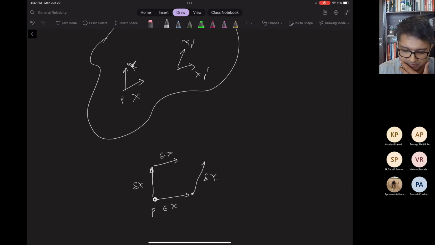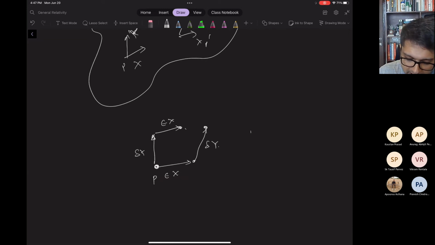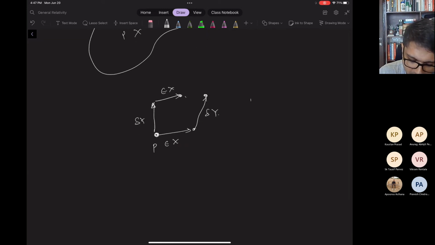We've seen before that these two flows can be incompatible with each other, that is, you may not end up at the same point after doing these operations in different orders. The incompatibility of these flows is measured by something called the Lie bracket. If I look at the point x prime and the point x double prime, the difference between their coordinates is roughly related to the Lie bracket of x and y, and it's proportional to epsilon delta.